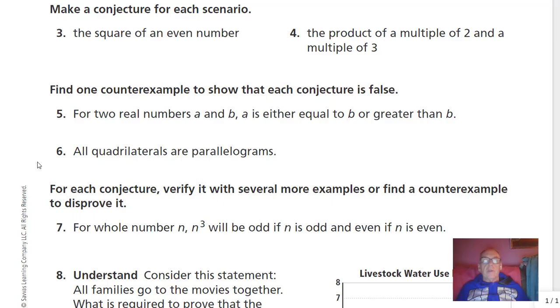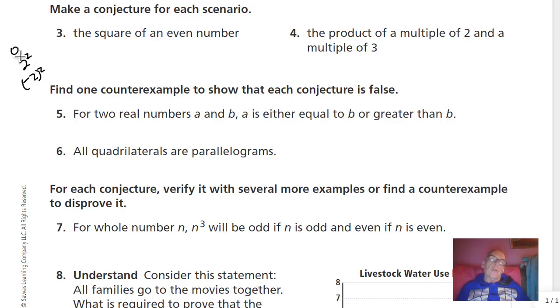Make a conjecture for each scenario. The square of an even number. Let's try a couple. 2 squared. -2 is an even number. -2 squared. And 0 counts as an even number.